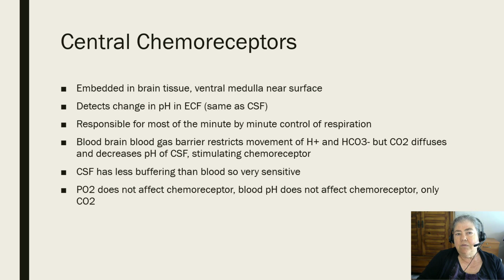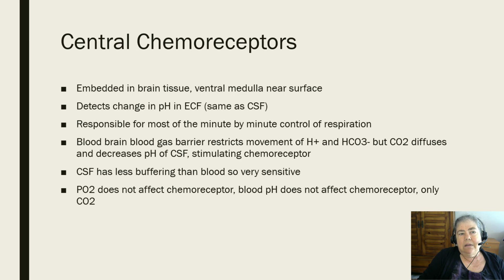They're in the ventral medulla, and they detect changes of pH in the brain's extracellular fluid, essentially the same fluid continuous with cerebrospinal fluid. And they're responsible for most of the minute by minute control of respiration, not the second by second, breath by breath control, but minute by minute.